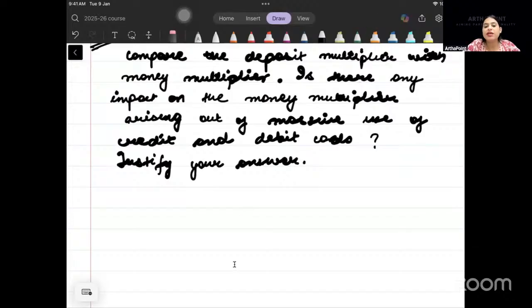It includes other aspects of money, cash reserve ratio, currency to deposit ratio, everything. That is the difference between money multiplier and deposit multiplier. Money multiplier is more general, more realistic. It includes currency and deposits, both. It takes high powered money as the base.